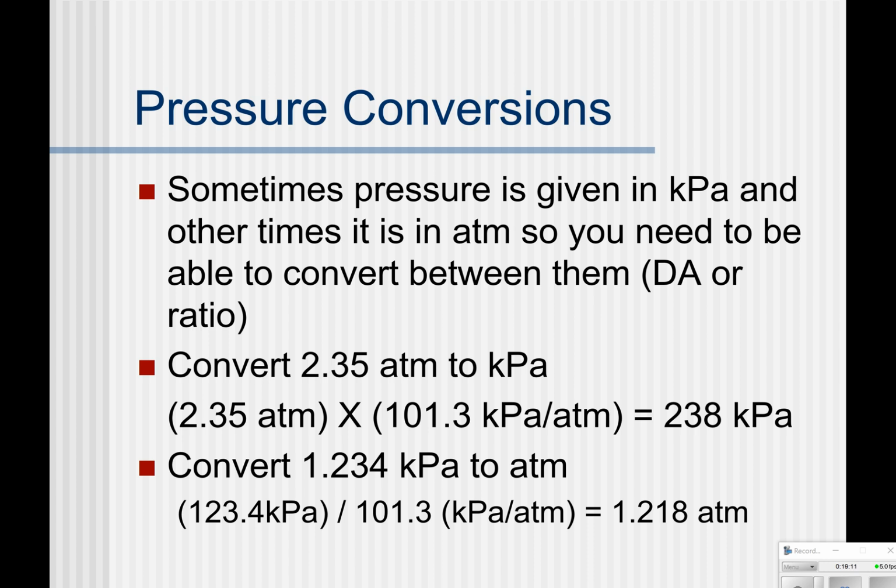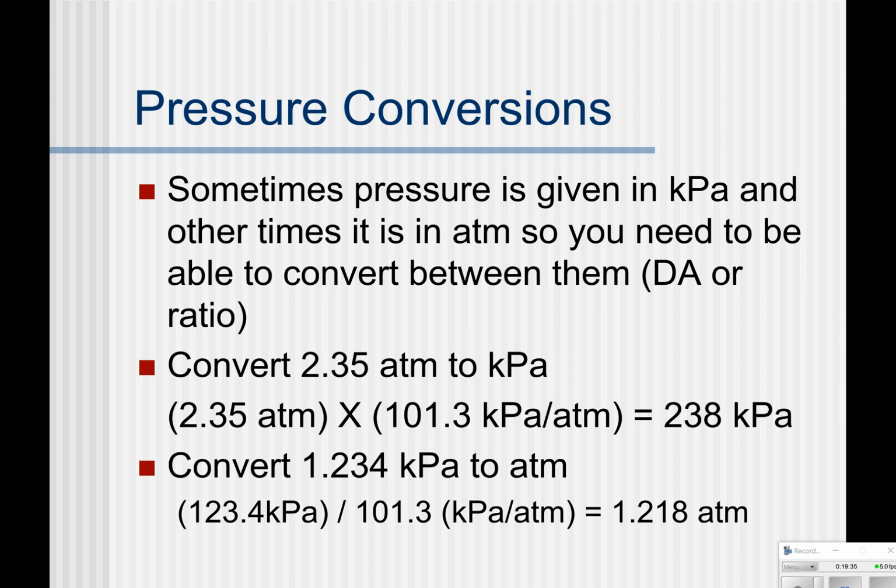And we'll do a couple examples here. Remember, we can find standard temperature and pressure values on table A on page 1 of our reference tables. Standard pressure being 1 atmosphere or 101.3 kilopascals. So those are the two values we will use as our conversion factors to convert between the two.